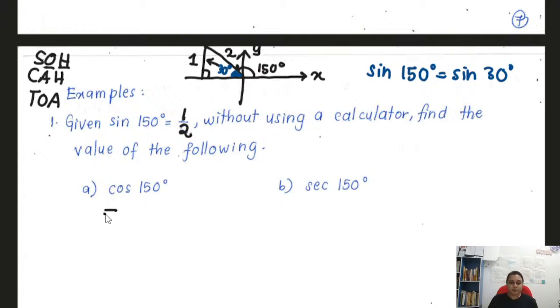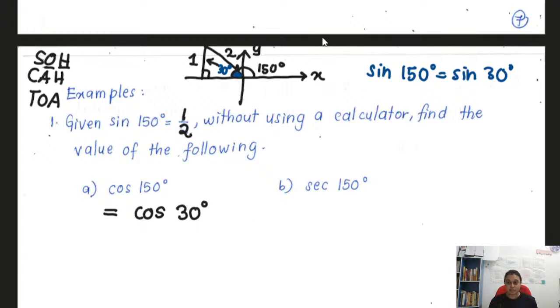Okay, now we go to the first question. Cos 150. Okay, 150, of course, tak boleh lah the cos there, isn't it? Because 150 is more than 90 already. So what you do? You tukarkan these two, cos 30 also. Okay, cos 30 also.